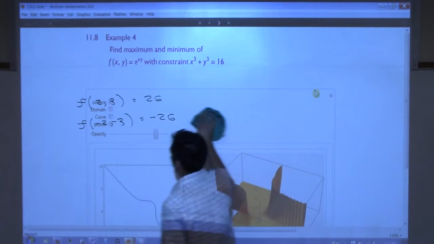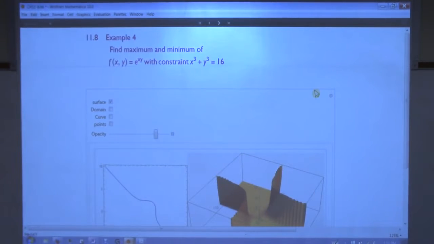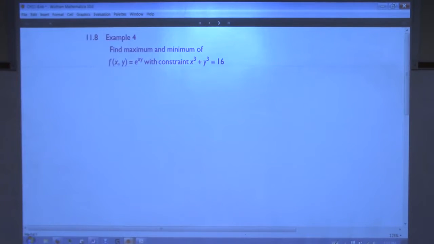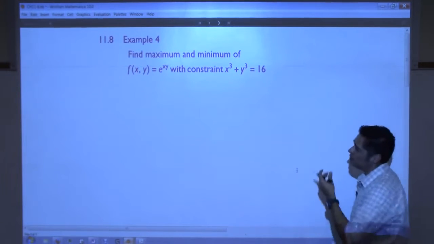Now we're getting into some nastiness. E to the xy is our function.